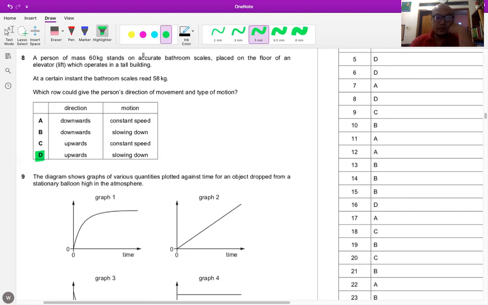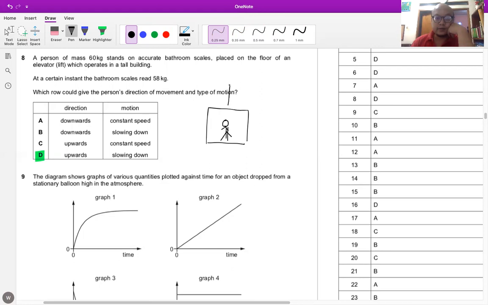Okay, let's say this is the lift, and this is the person. The person has weight, and the scales read about 60.